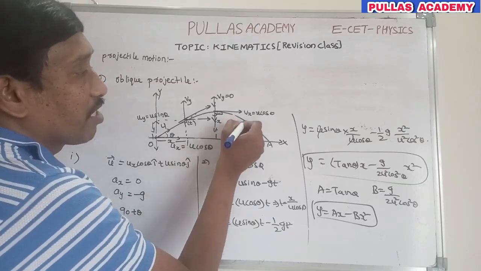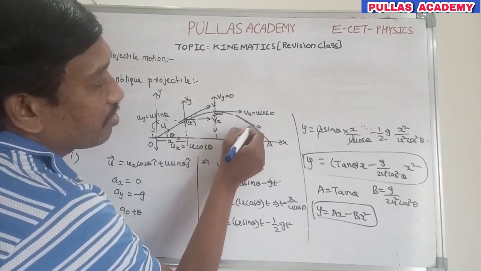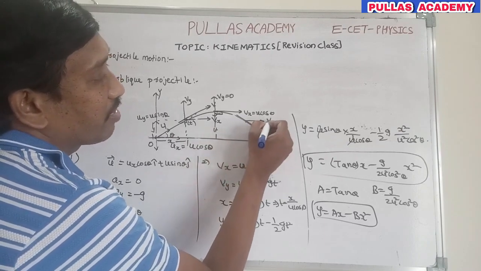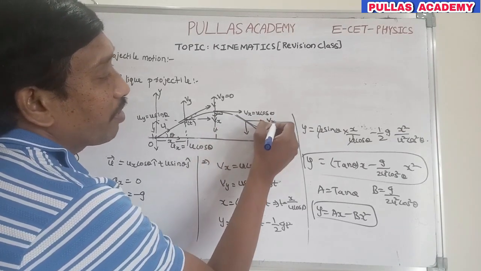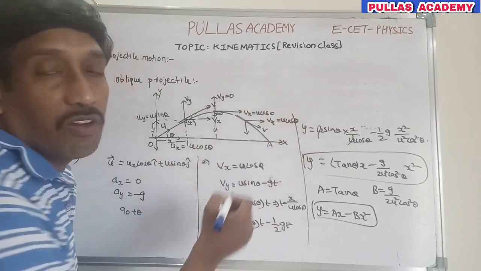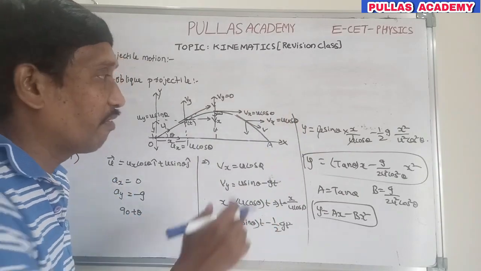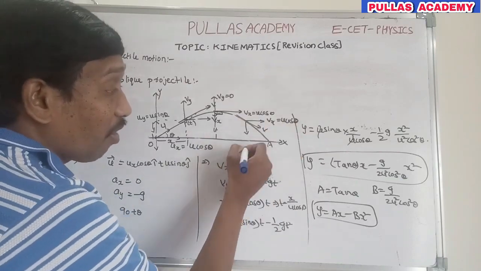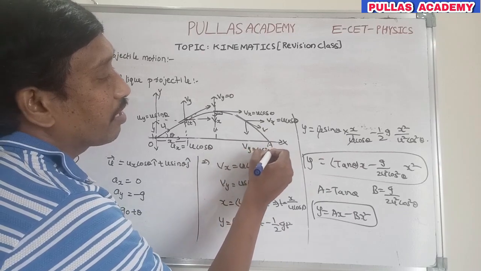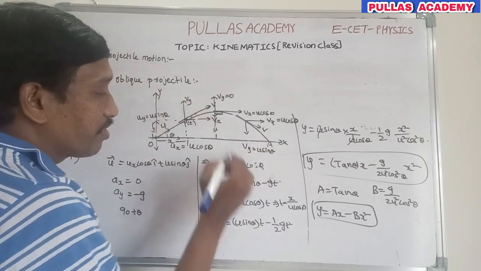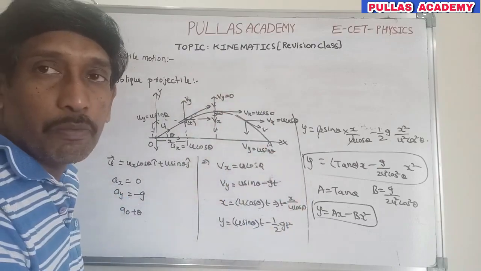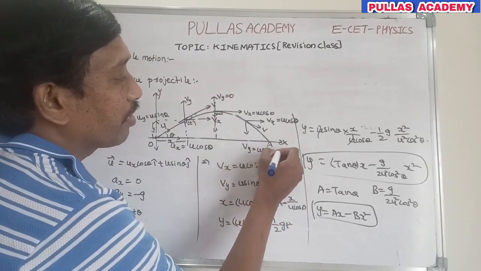For example, at another instant of position, this is the velocity. Again it is divided into components, it is inclined, that is vx and vy. What is the difference? vx is always the same at any point, because along the horizontal direction its motion is uniform. But along the vertical direction, what is the formula for vy? While moving upwards, vy is u sin theta minus gt, but while moving downwards, a is plus g, so vy is u sin theta plus gt.